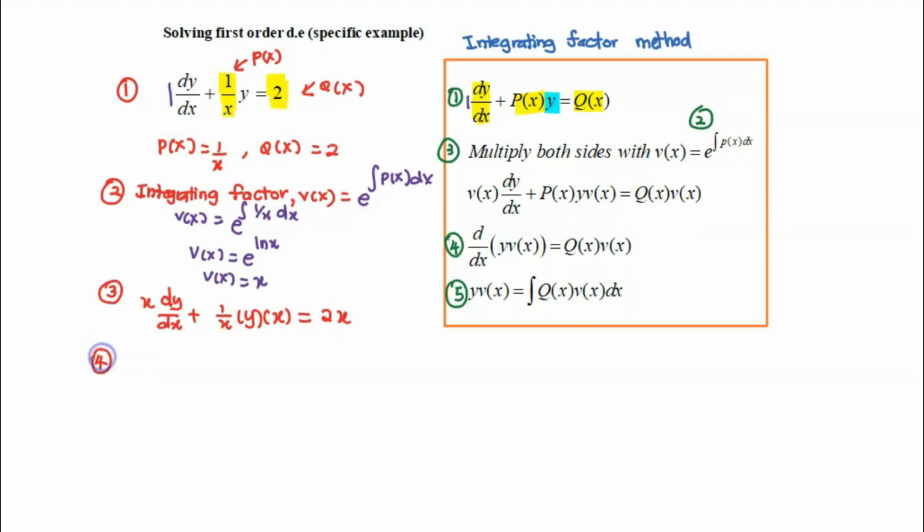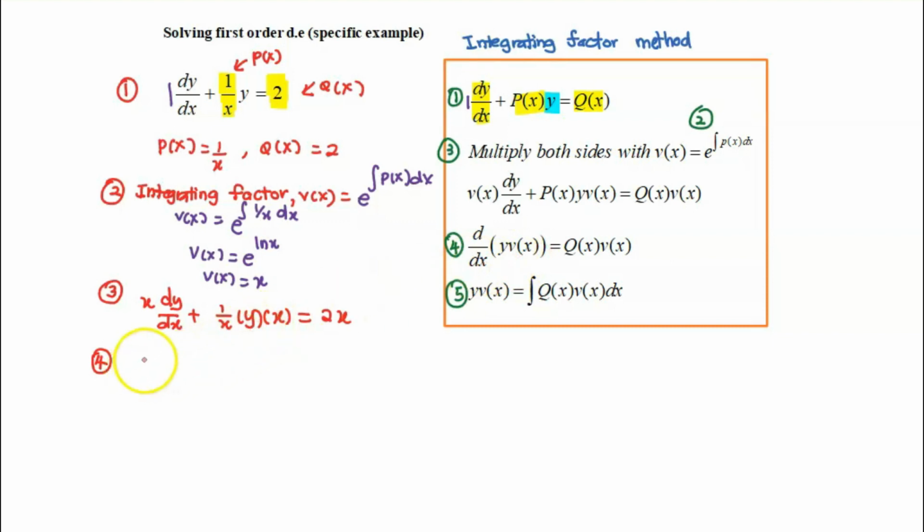Step number 4. Here, if we refer, the left hand side of the equation from the third step will be written as the derivative d over dx of the product rule of y and V of x.